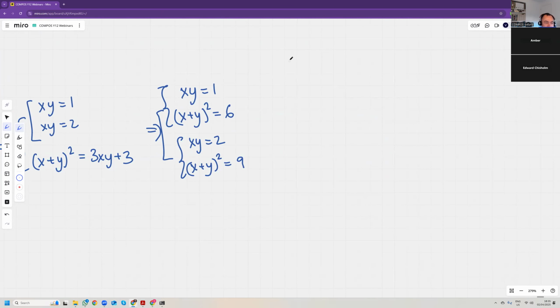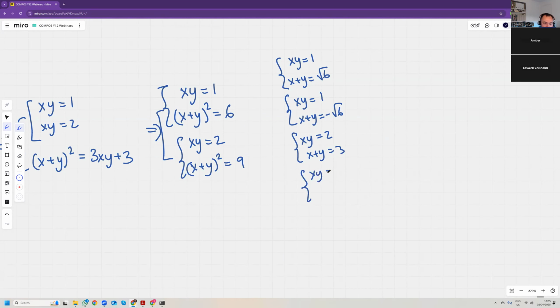So we have xy equals 1, x plus y equals root 6, or xy equals 1, x plus y equals minus root 6, or we have xy equals 2 and x plus y is 3, or we have xy is 2 and x plus y is negative 3.